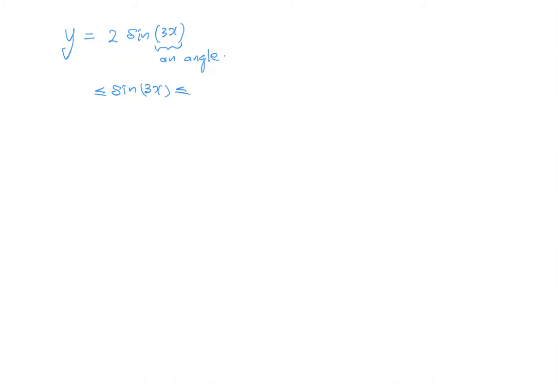Highest is 1, correct. Lowest? -1. So if I multiply by 2, what will happen to the value? Then it will double.